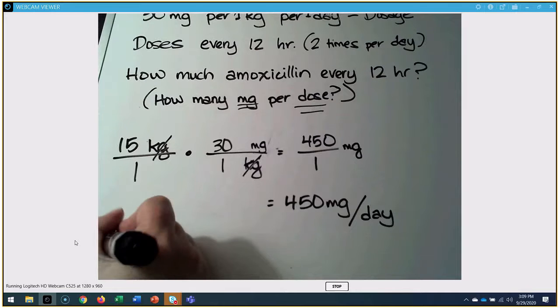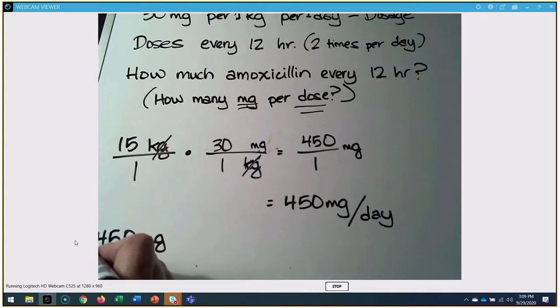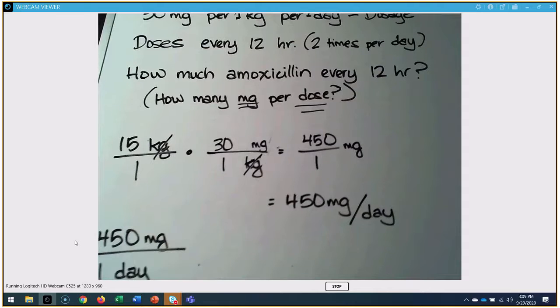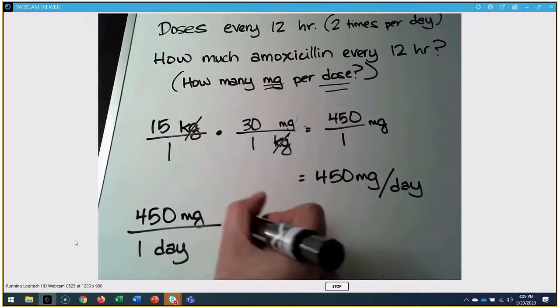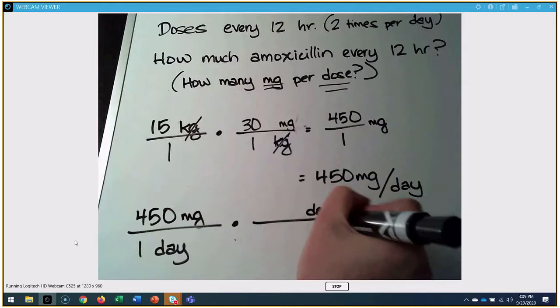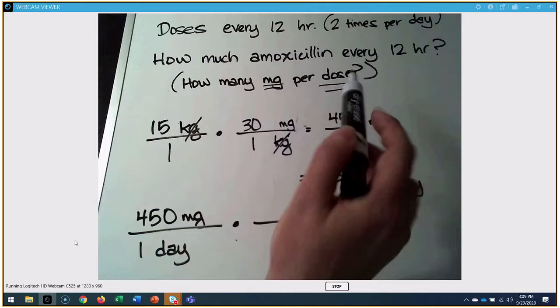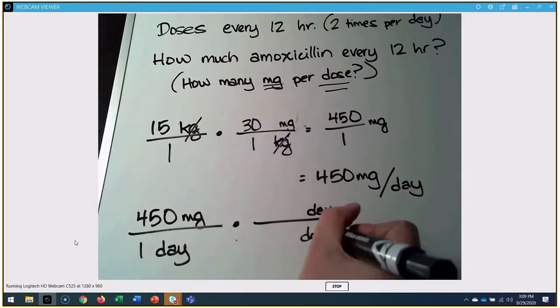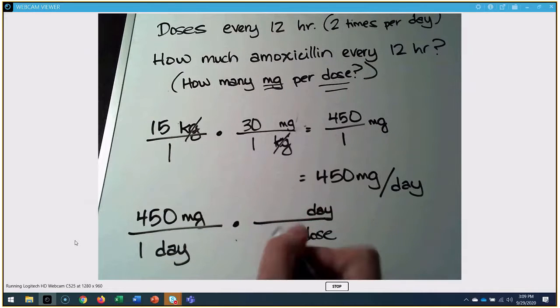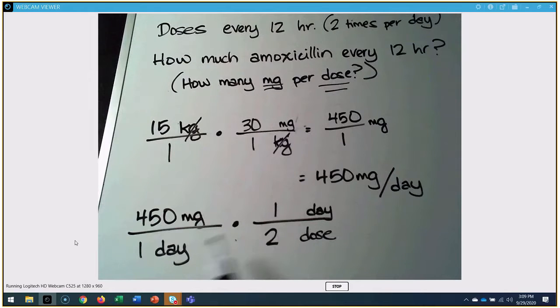So if I have 450 milligrams per day, what I need to do then is cancel the days and put those diagonal. If I can do that, then I can have what I need. I need it per dose. So there are 2 doses per day.